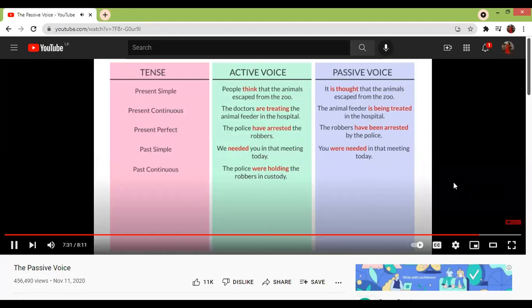The police were holding the robbers in custody. The robbers were being held in custody by the police. Right. So let's look at the example here. This is an important one. The sentence says, the police were holding the robbers in custody. So if you move it into passive, we can say the robbers were being held in custody.